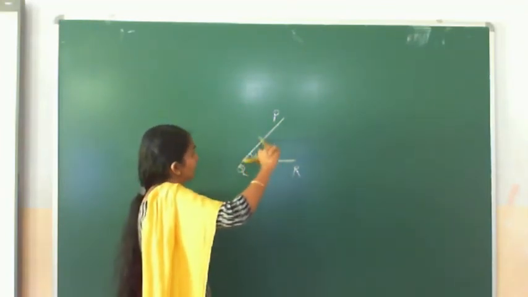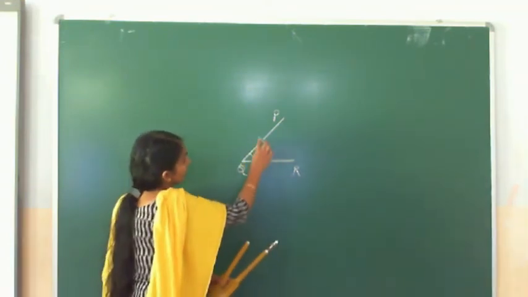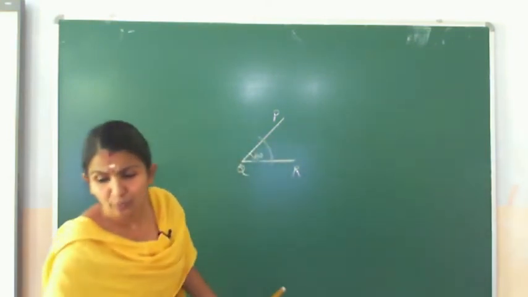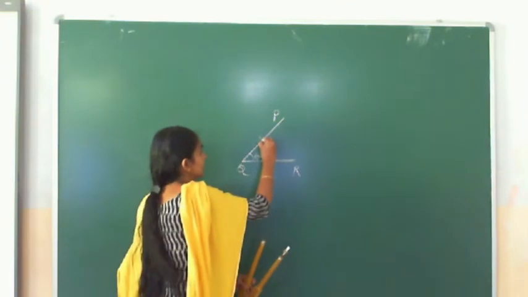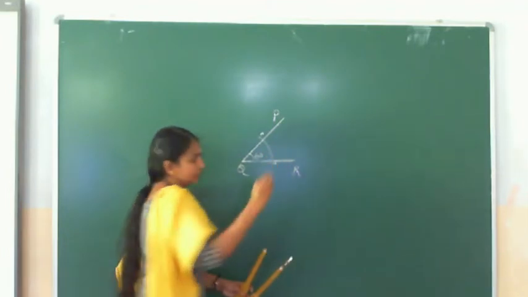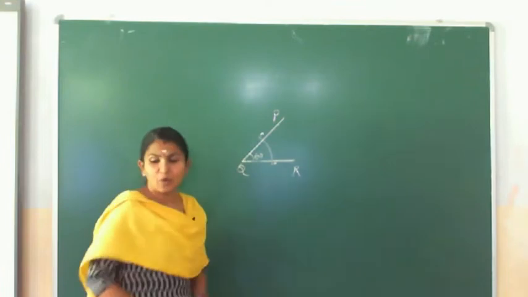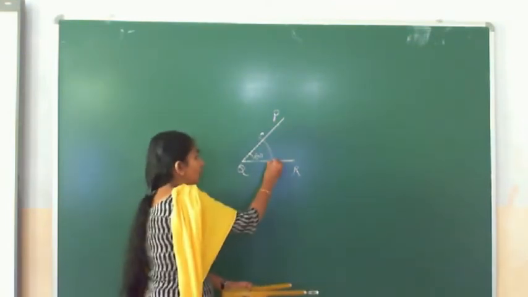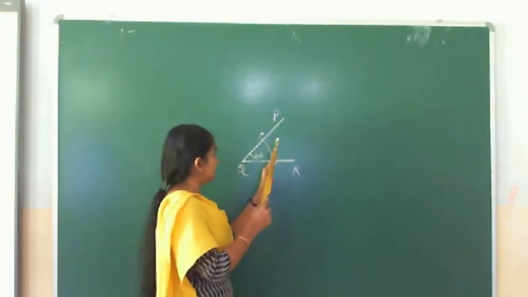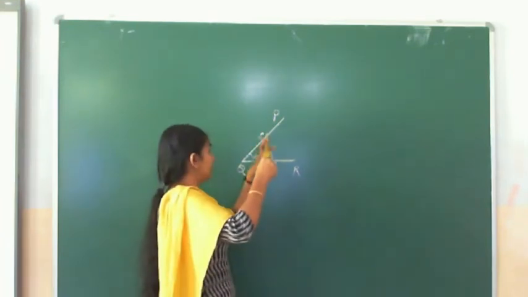Now this arc cuts these two arms at two points. I am going to mark them as M and N. Now, we have to consider these two points, M and N, and keep our compass on them. Take any radius in your compass.